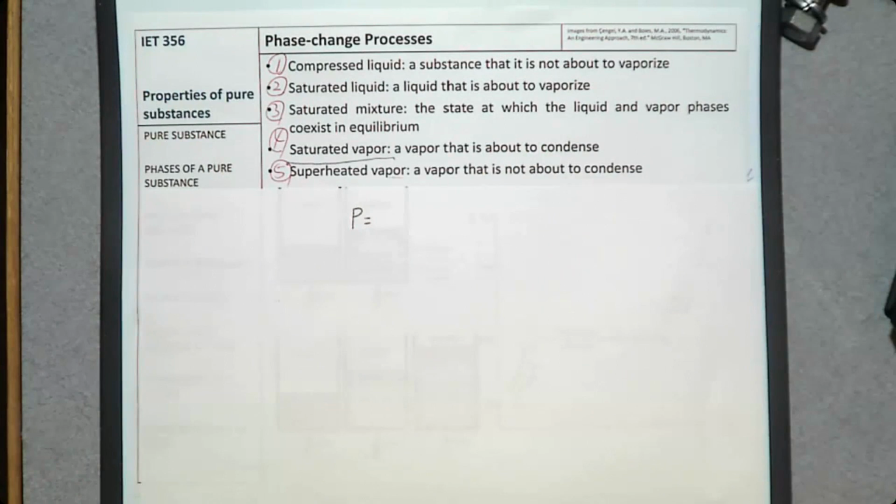Let's say this is the pressure of the system. What is the temperature? Or this is the temperature of the system, and this is the specific volume. What is the pressure? So you need to know at least 2 property values to evaluate another property. And to start, you need to know at least either pressure or temperature.